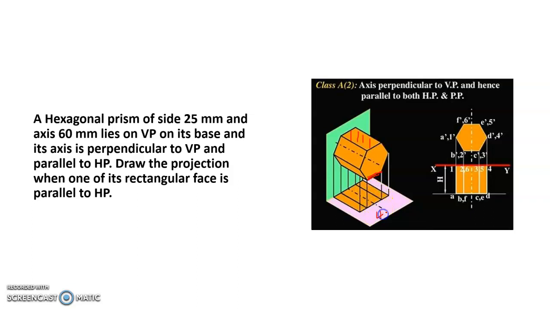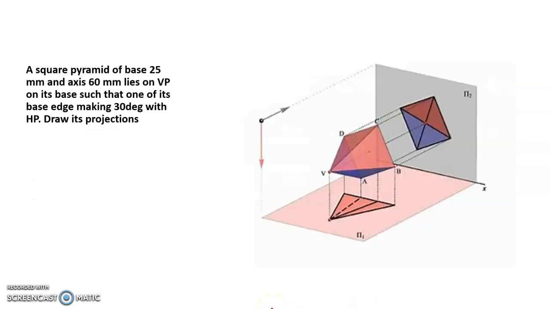You can see this is the HP. For this HP, that means horizontal plane, one of the rectangular faces is parallel. This face is parallel, so you need to draw this edge parallel to XY. So these are some of the conditions they will mention.